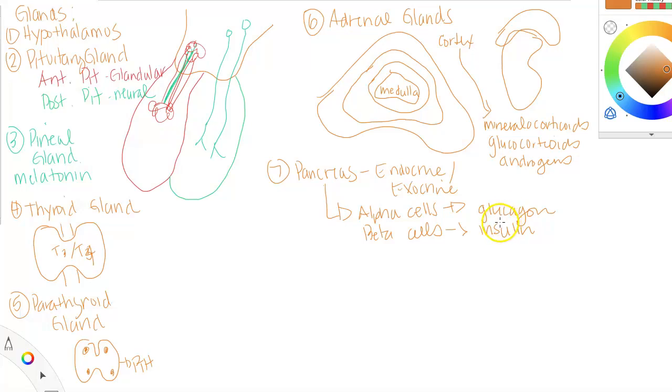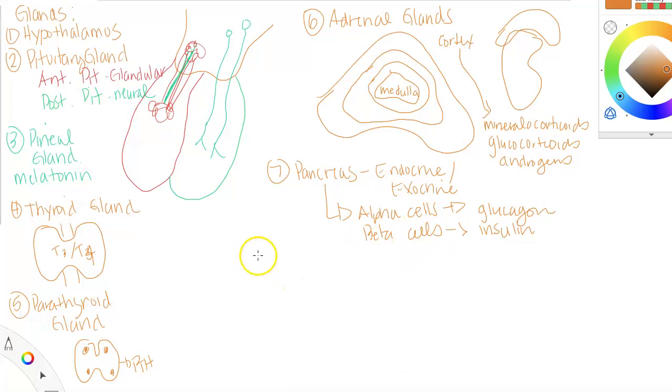So glucagon is a hormone that takes glucose out of storage areas and puts it in the blood. Insulin tells the cells to take glucose in, so it gets glucose out of the blood. The rest of the pancreas is exocrine. It makes enzymes and things like that.